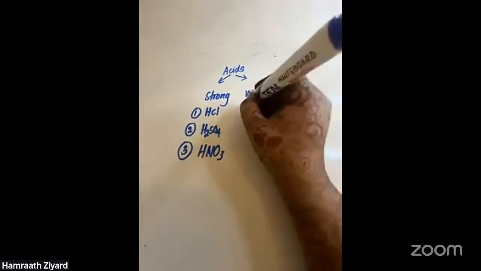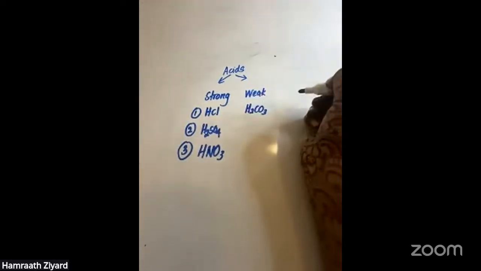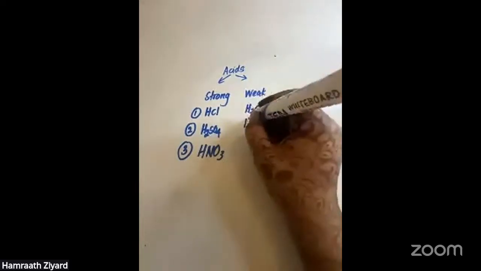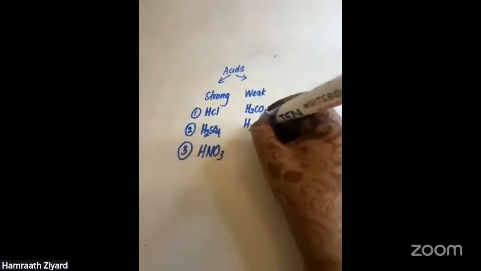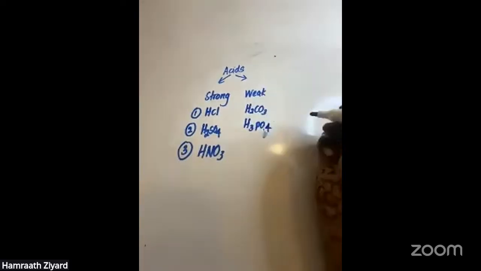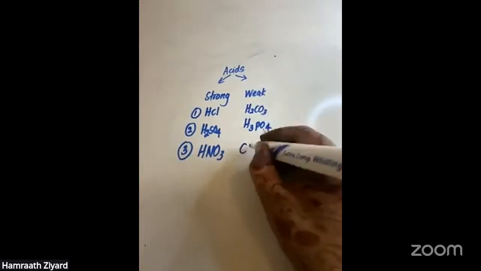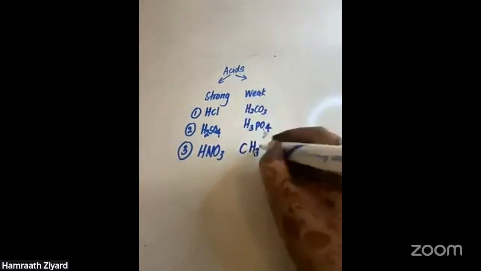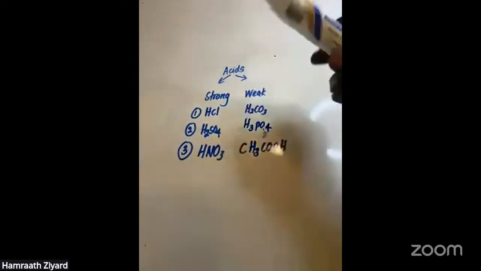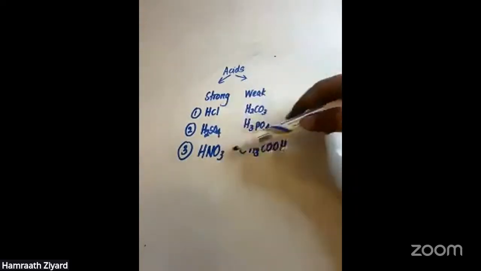What are they? Number one, carbonic acid. Then phosphoric acid. And then acetic acid. Now listen carefully. Can you tell me the common element that is repeated again and again in all the acids?